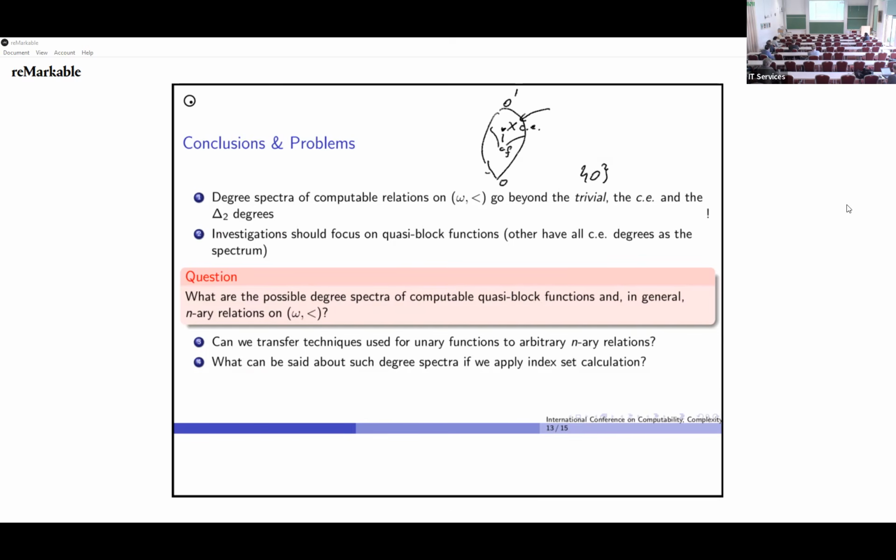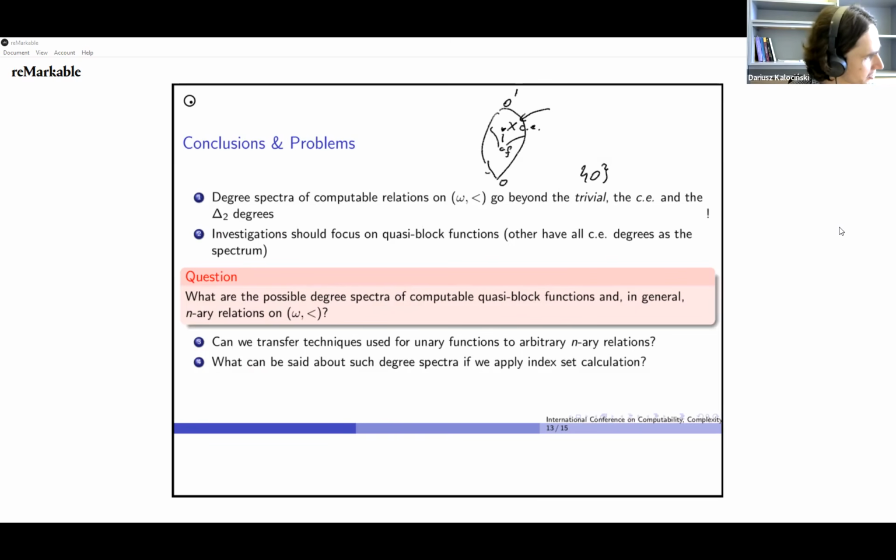Do you think you could get, for example, exactly the DCE degrees as one of these spectra? As far as I'm concerned, I asked this question as a problem at the end of one of the previous presentations.